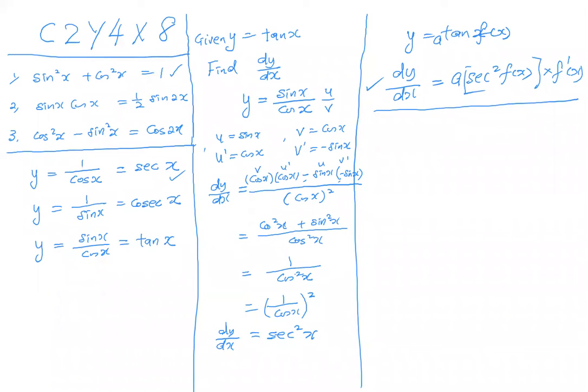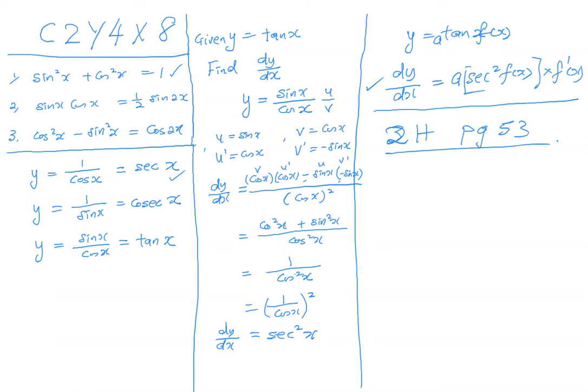Are you okay? So the product rule or the quotient rule, that one you have to do by yourself. Okay, so you can start to solve exercise 2H in page 53 of your textbook.